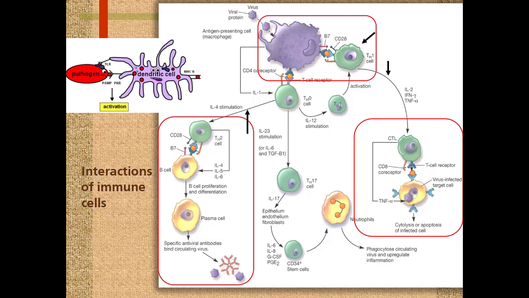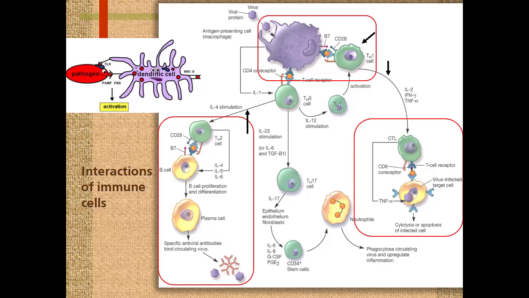And on the APC, there will be a structure called a PRR, which stands for Pathogen Recognition Receptor. It's a special receptor. It identifies the PAMP, and as a result, we have activation of the APC, the dendritic cell in this case.